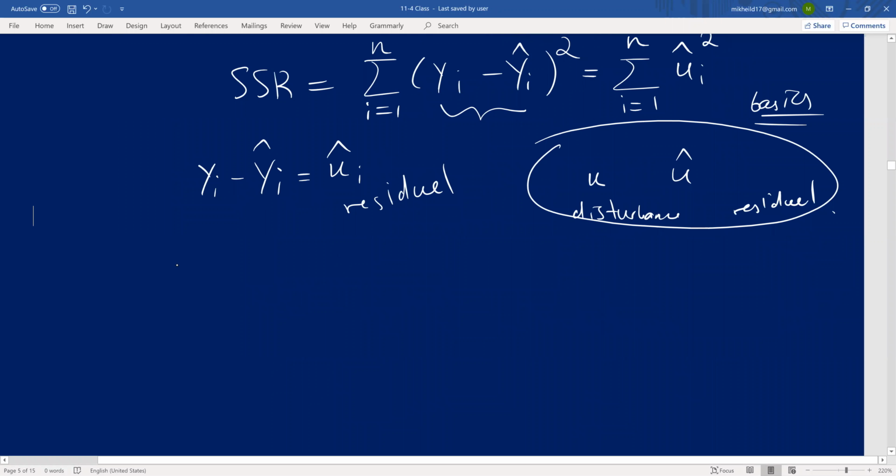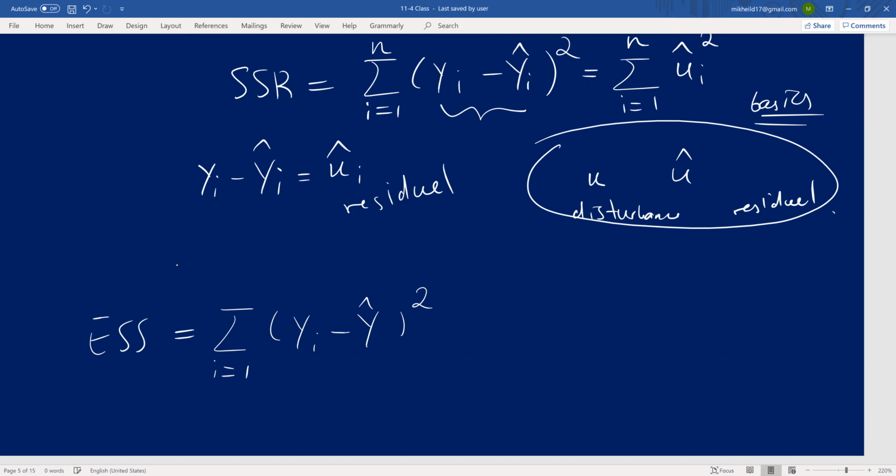What is the ESS? Can you tell me? The sum of y hat minus y bar squared. Yes. If you interchange or substitute, then it will not be ESS, right?